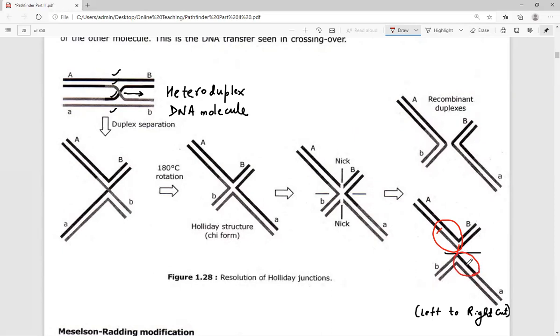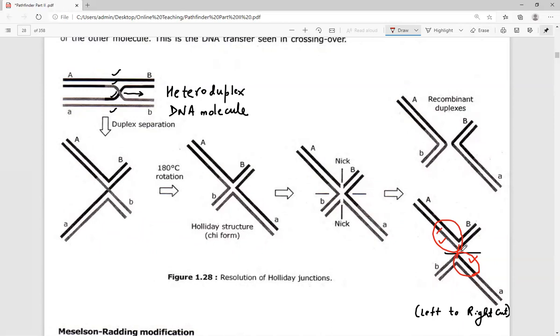Here, this is the center part that has been exchanged. This is another center part that has been exchanged. And the front part as well as the back part has remained the same. The initial part as well as the leading part remained the same. Only the center part has been exchanged.